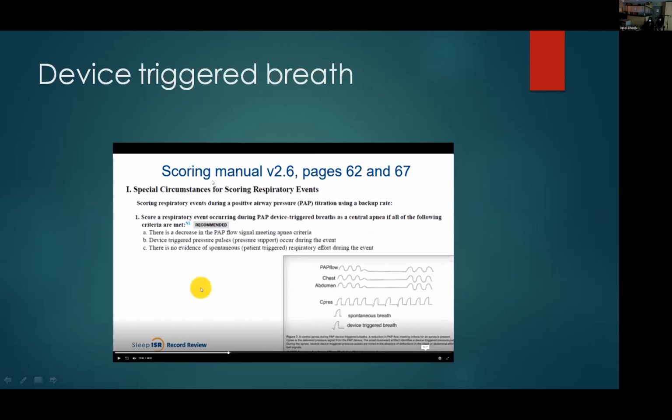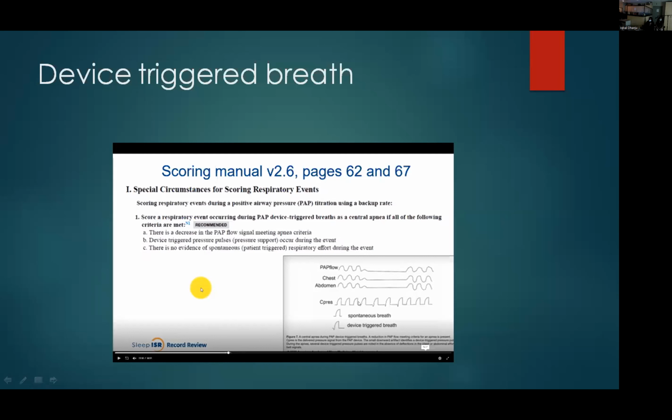Sorry about that. Here, special circumstance for scoring respiratory events: scoring respiratory events during the positive airway pressure titration using the backup rate. So when can we score a central event when we use the backup rate? For that, flow has to be flat, and the chest and the abdominal, all three have to be flat.